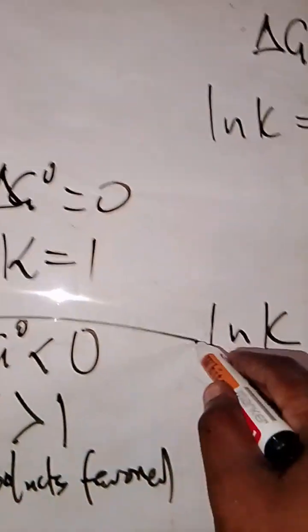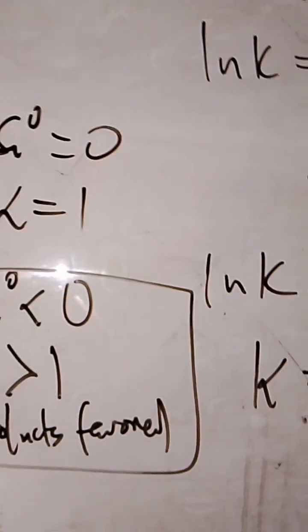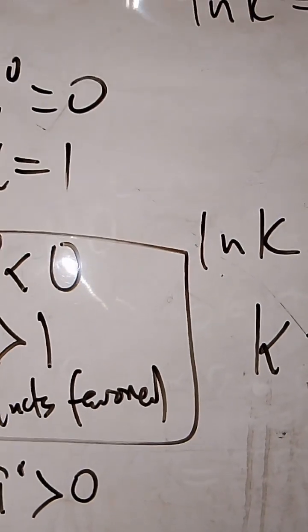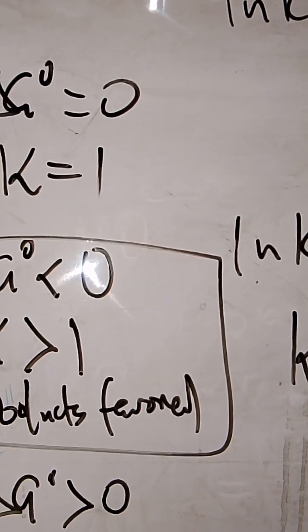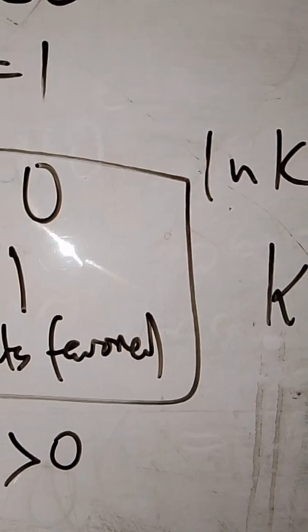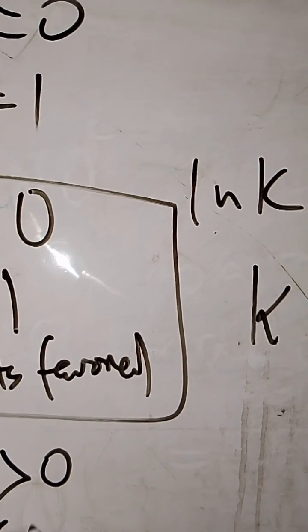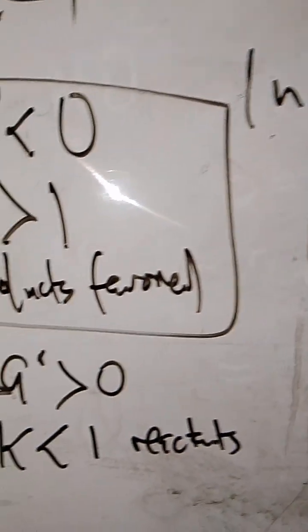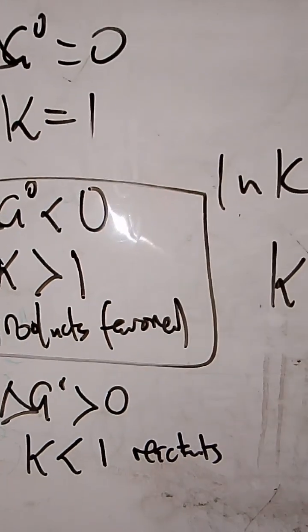Another scenario, if delta G is greater than 0, it means K is less than 1. In this case, reactants are favored over products. So we can end here.